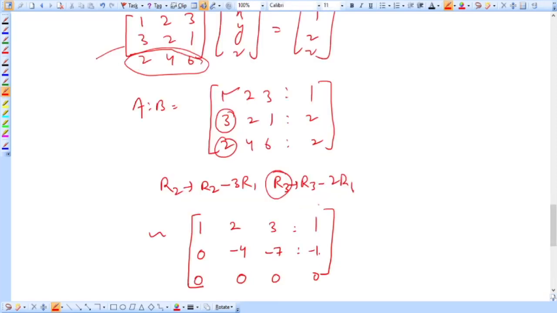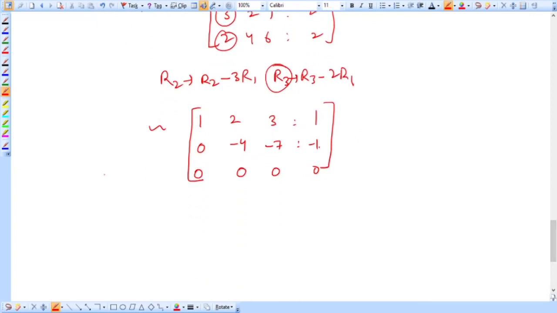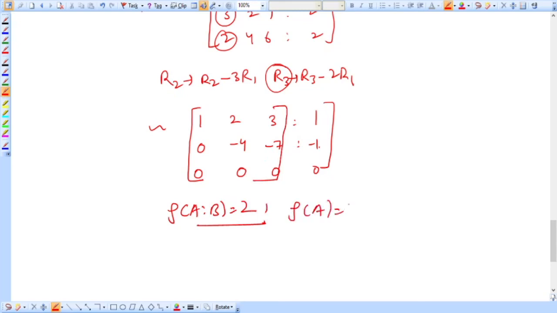Now therefore from here we conclude that the rank of the augmented matrix B is equal to 2. Also this matrix constitutes matrix A and its rank is also 2 because the number of non-zero rows in this is equal to 2.